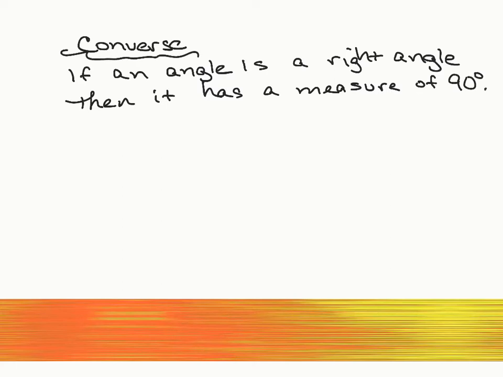Remember, for the converse, we're flipping. That's the converse. Now we have to decide, is this true or false? If it's a right angle, then it has a measure of 90 degrees.